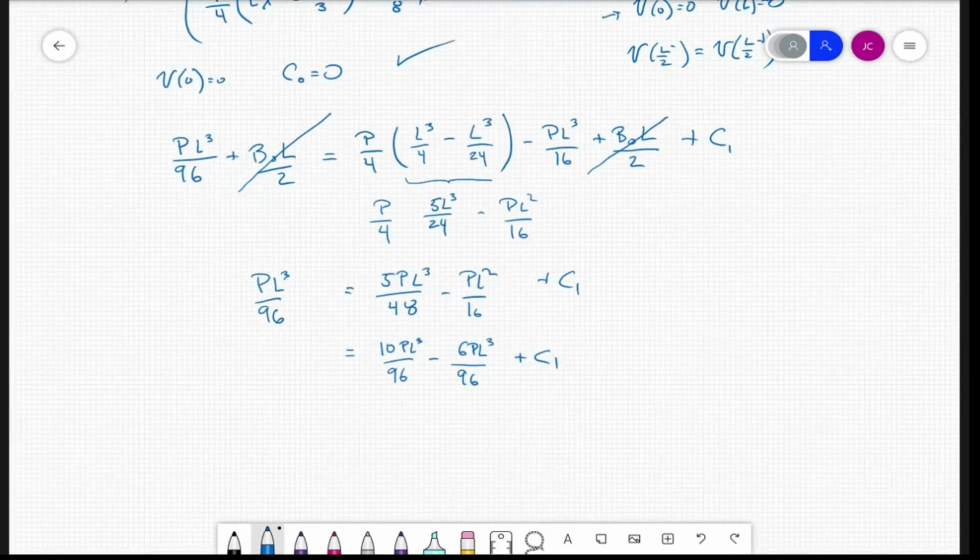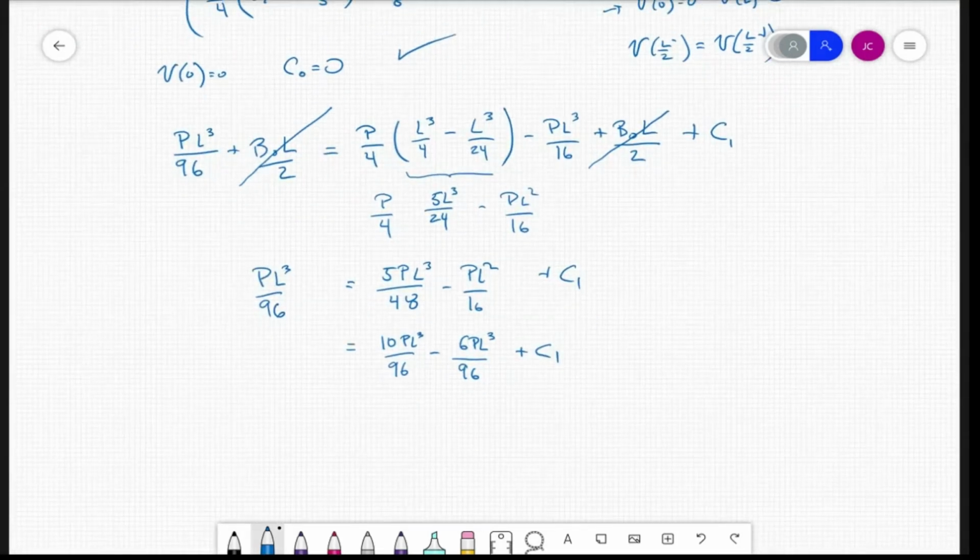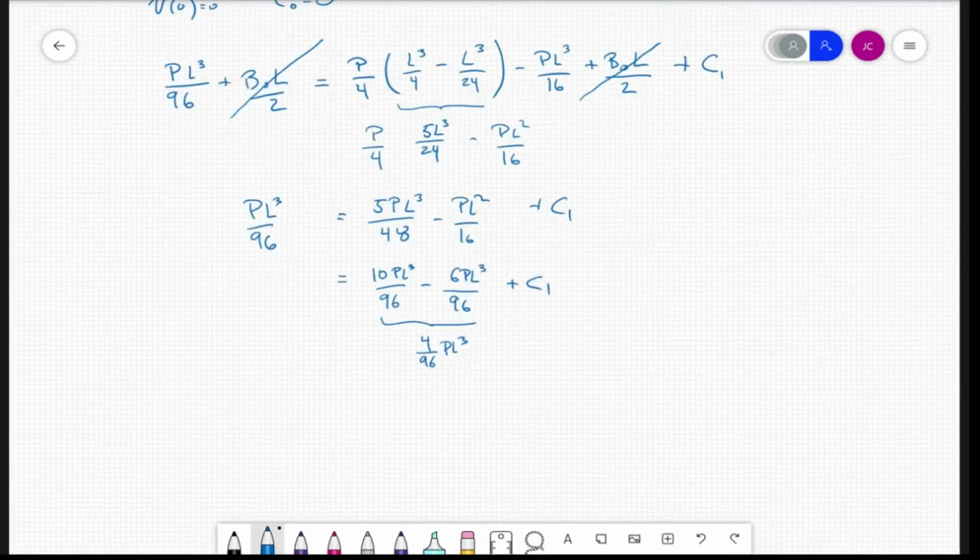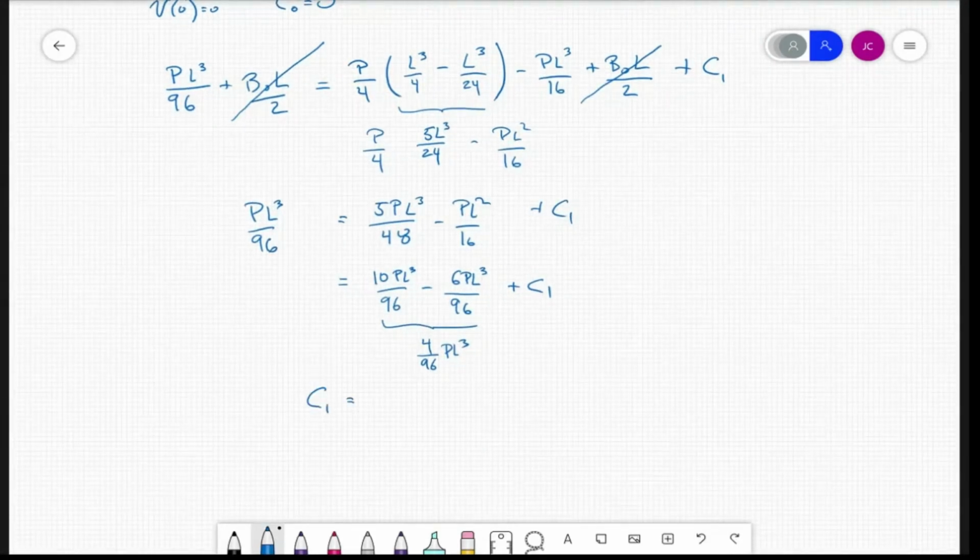So I get this as 4 over 96, right? PL cubed. And then I bring that over to the left side. So it becomes minus 3, right? So I get C1 equals minus 3 over 96, which can reduce to something PL cubed, which is 3 goes into 96 32 times, right? PL cubed over 32 with the minus sign, right?